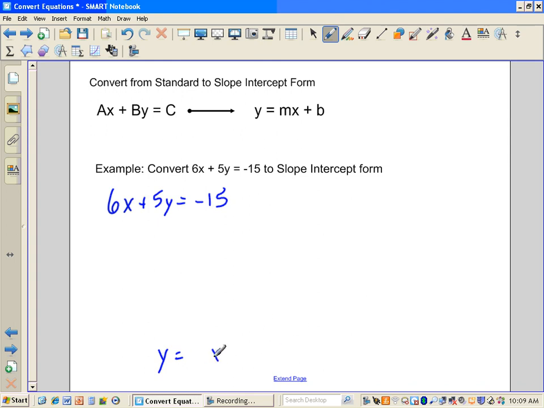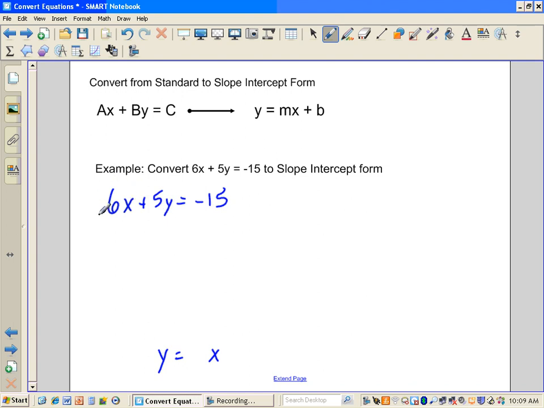Something with the x, that's going to be our slope, and then some y-intercept at the end here. Well, right now, the y has a 5 that's being multiplied by it, and this 6x that's being added to it. Just like when you're solving equations, you're going to do opposite operations to get the y by itself.